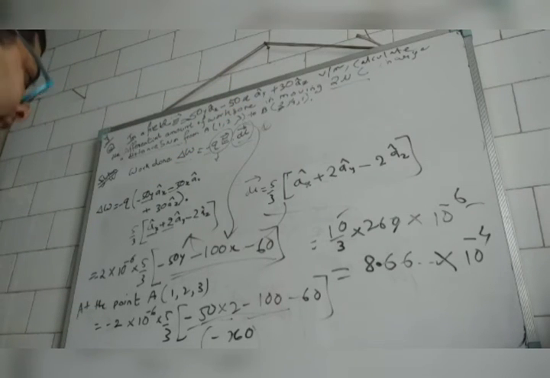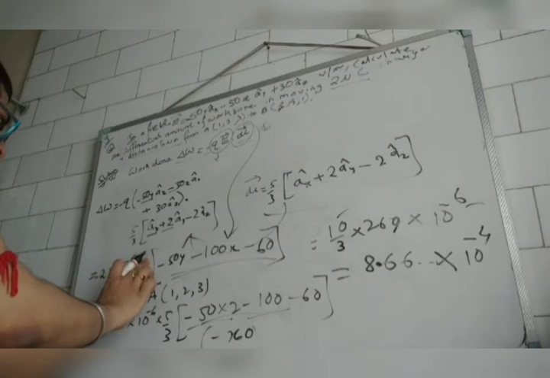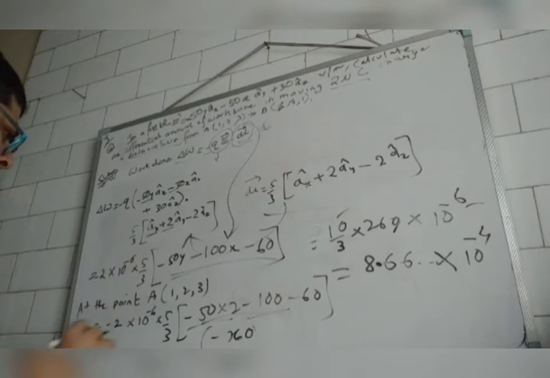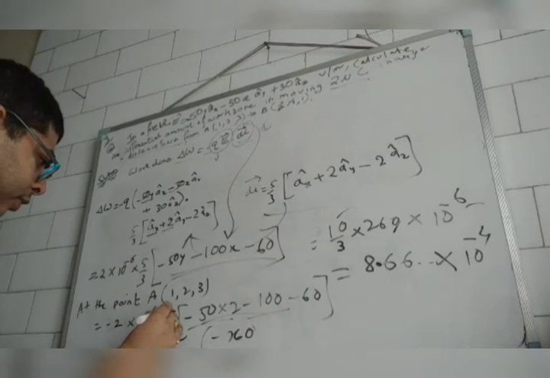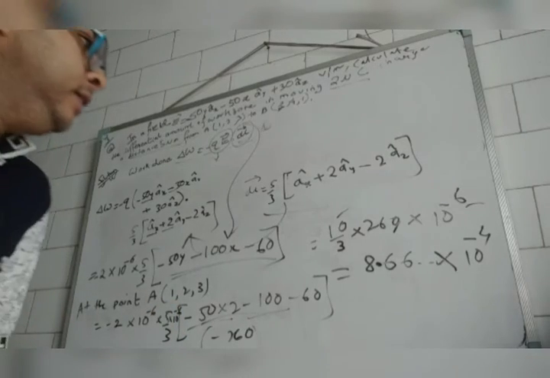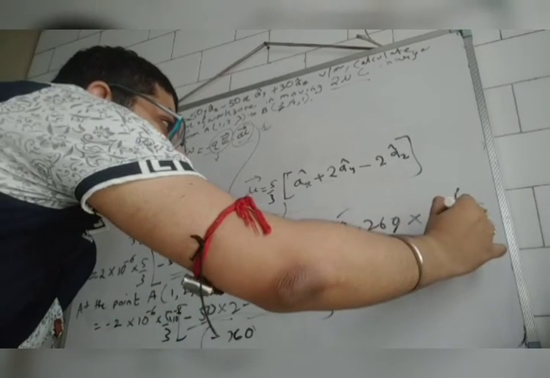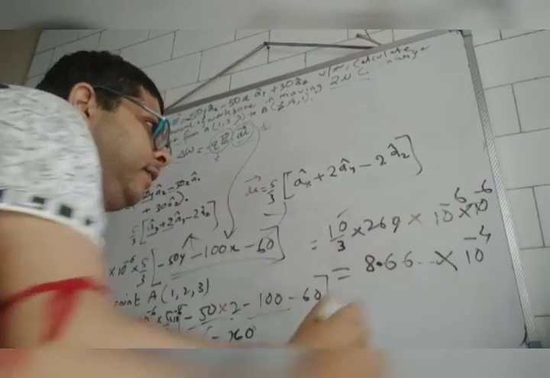That means we'll be having another 10 to the power minus 6 for this one, for 5. So we'll be having another 10 to the power minus 6.